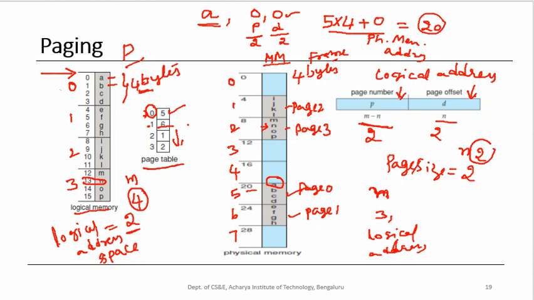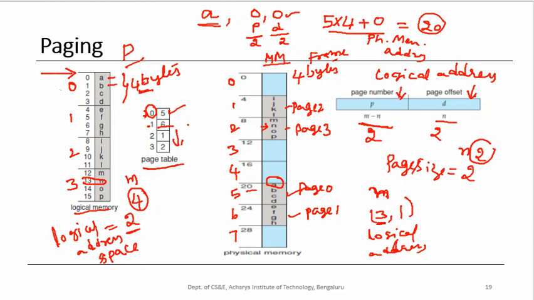And what is the displacement? Displacement is 1. M is at a displacement of 0 inside the page, and n is at a displacement of 1. O is at a displacement of 2, and so on. So this becomes the logical address.